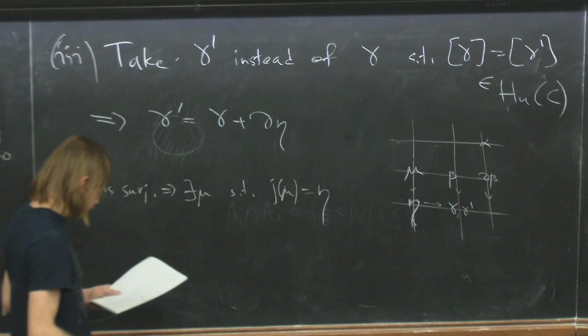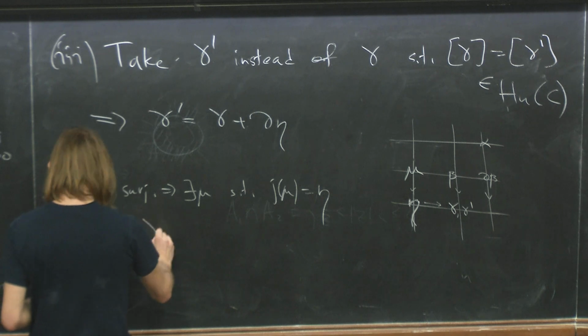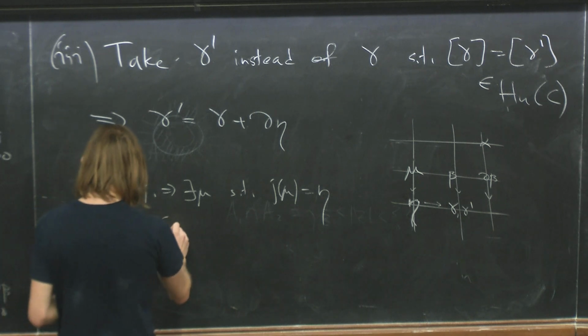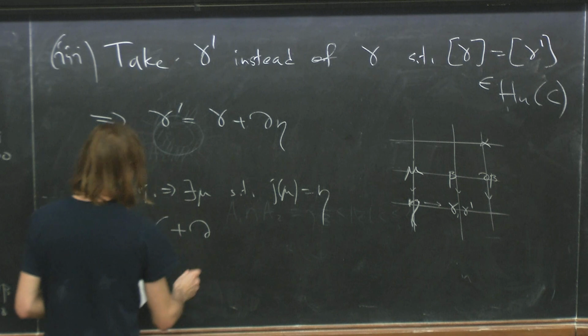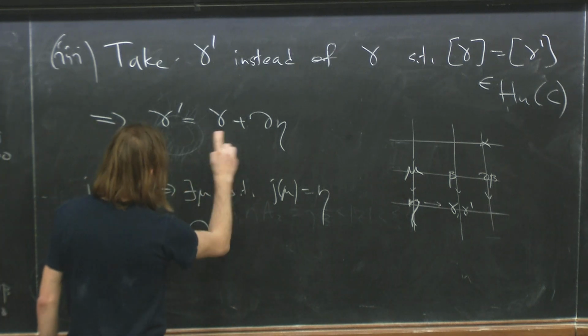Okay. Let's use this. So our gamma prime is equal to gamma plus eta. So explicitly, we write eta in terms of this mu in this equation.